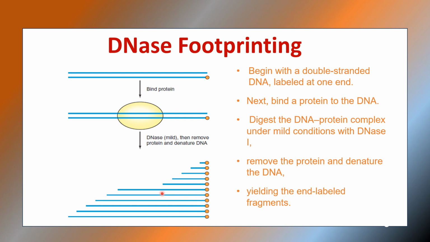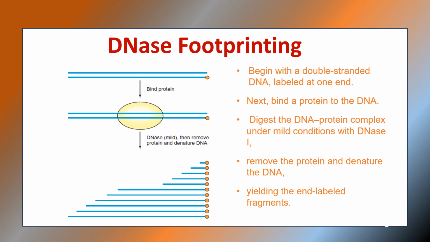So what you can simply see from the diagram here is that this DNase is able to digest at different positions except the region here, and that's what we are seeing in this region. So till now it has yielded us those end labeled fragments.